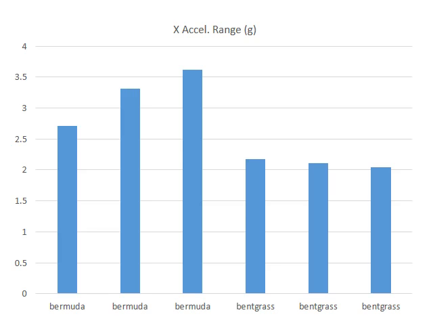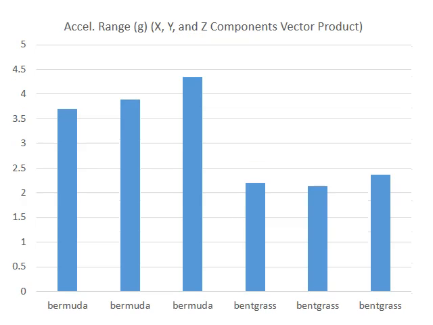This is measured in Gs, and you can see a range of around 2.7 up to about 3.6, depending on where we rolled the ball across the surface, dealing with the acceleration from side to side. And then you look at the bent grass surface, a much more stable surface in this instance. We're measuring about 2.1 to 2.2 Gs across the surface.